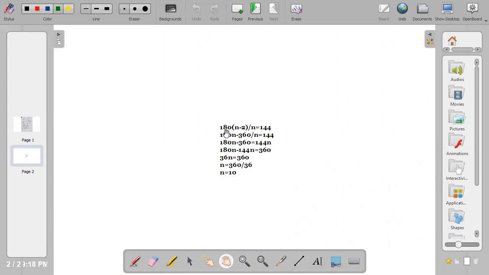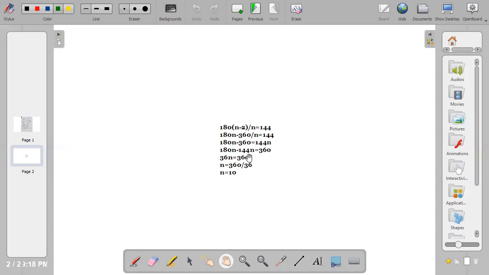So 180 multiplied by n gives us 180n. 180 multiplied by 2 is 360, divided by n equals 144. 180n minus 360 equals, cross multiplying, 144n.